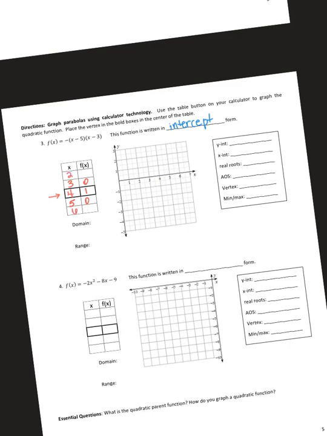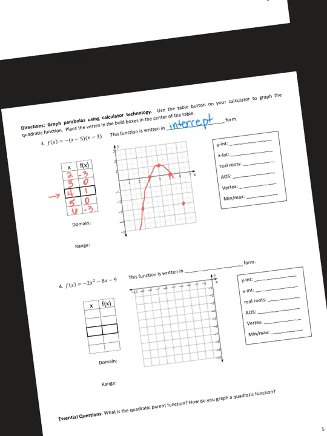The other 2 points I chose were (2, -3) and (6, -3). Then we're going to plot those. So we're going to plot (2, -3), (3, 0), (4, 1), (5, 0), and (6, -3). And we need to connect them.